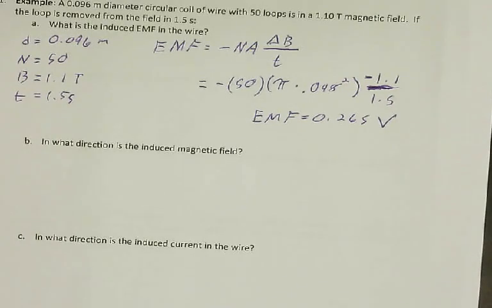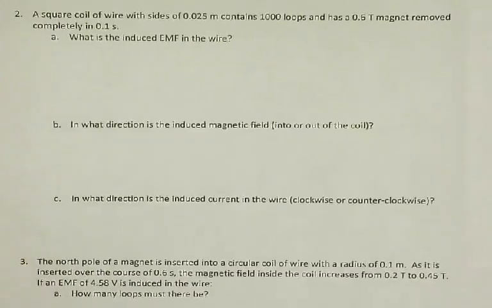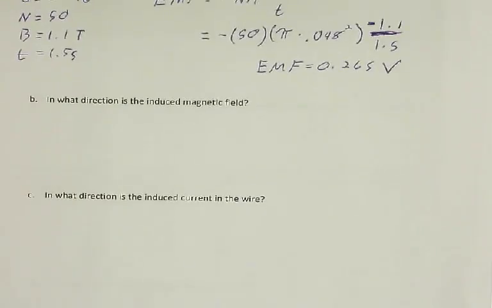One last thing I want to mention, because it's not on this one, but it could be on other ones. If I specifically say a south pole, which I don't have on any of these problems, but you will see a problem with the south pole, all you have to do is set it up normal and then make your answer opposite.